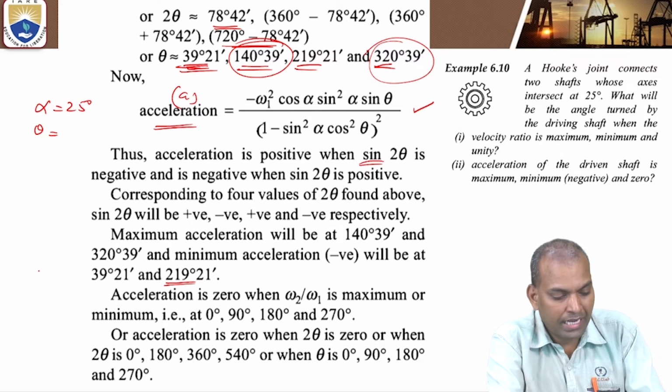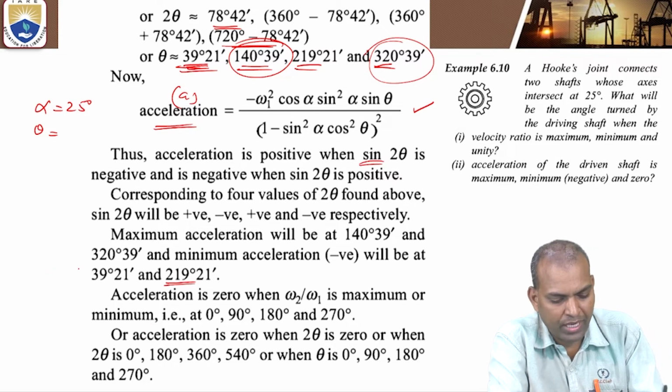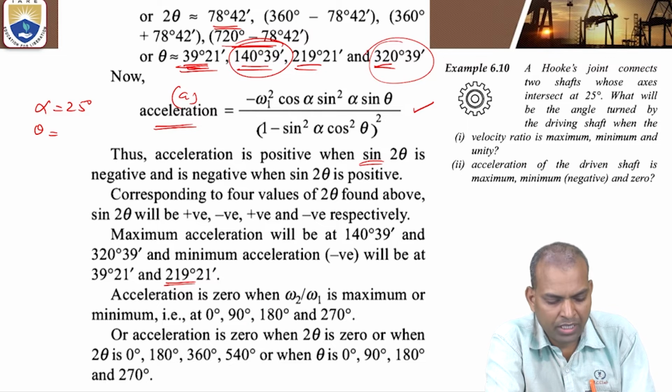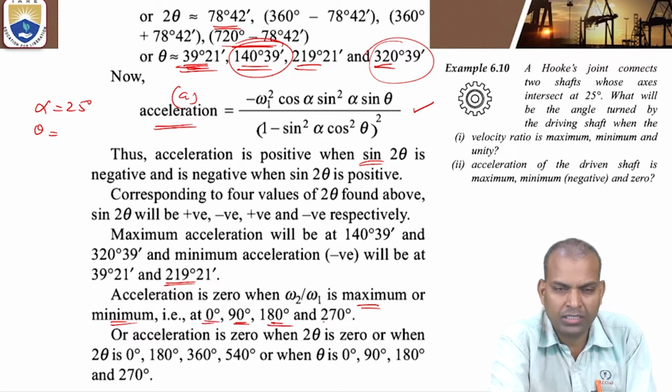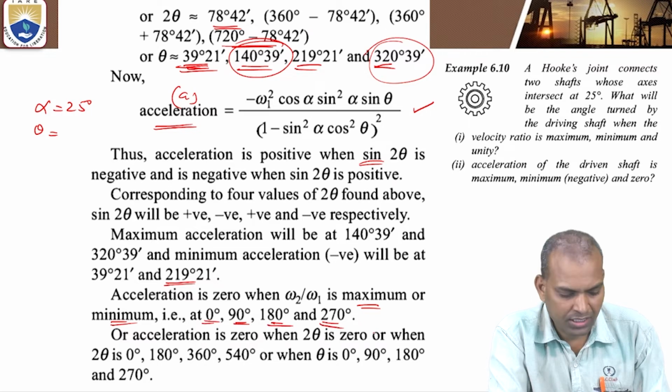So acceleration is 0 when the ratio of omega 2 and omega 1 is maximum or minimum. That is in general when theta is 0, 90 degrees, 180 degrees and 270 degrees.